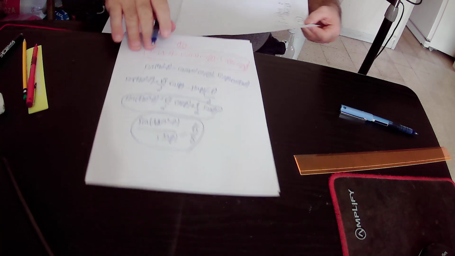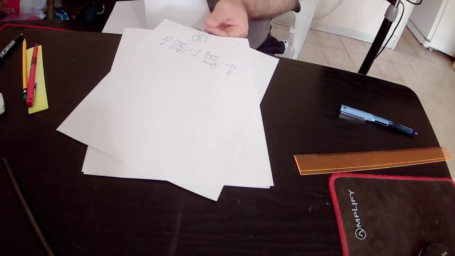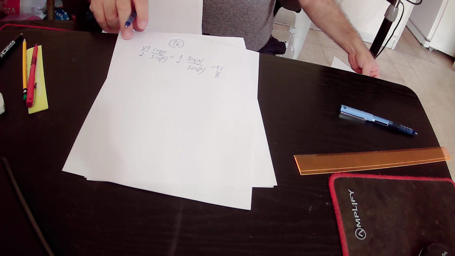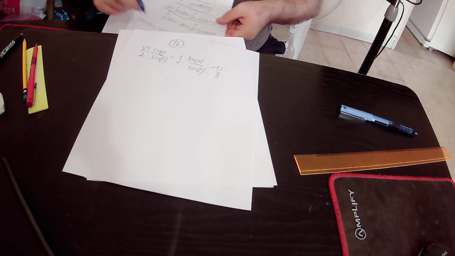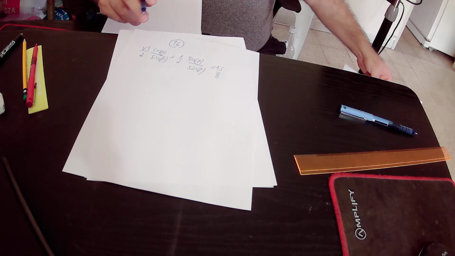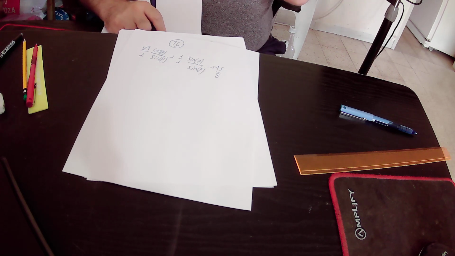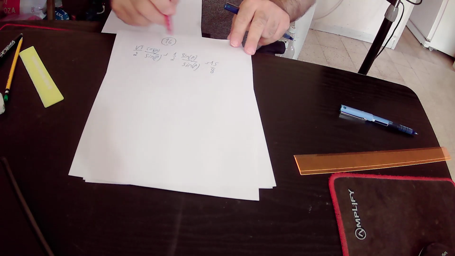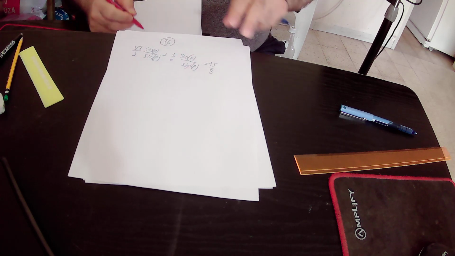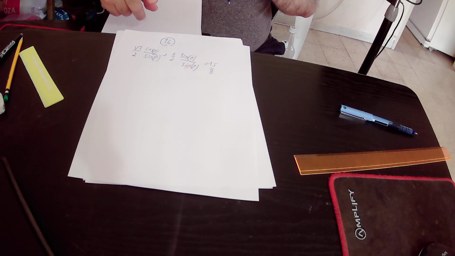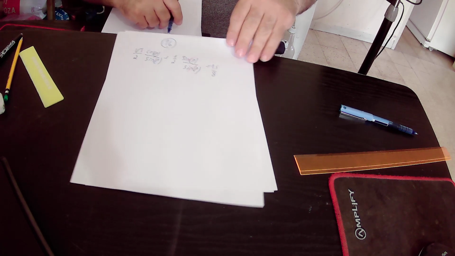So we actually found out that root 3 over 2 times cosine P over sine P plus 1 over 2, sine P over sine P is 1, so sine P is cancelled. So, and cosine P over sine P is cotangent P, so I will write it down.